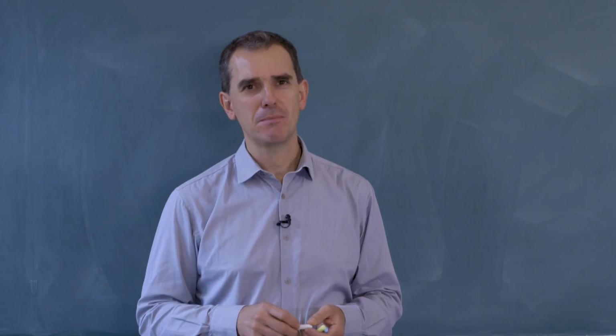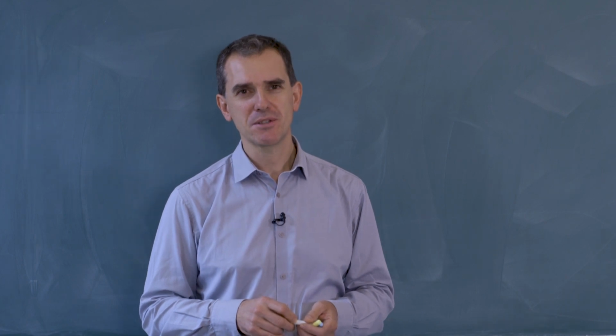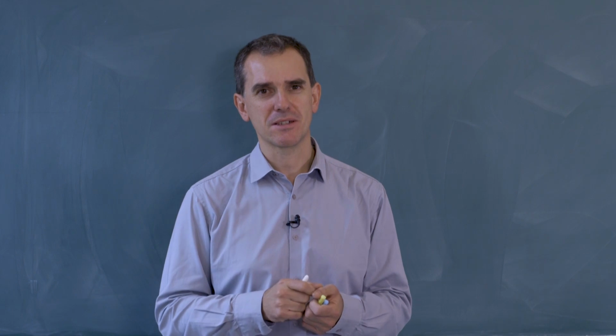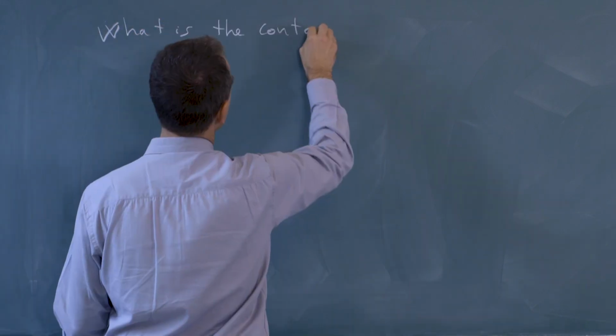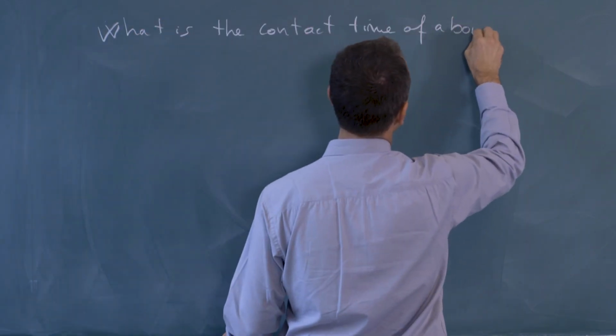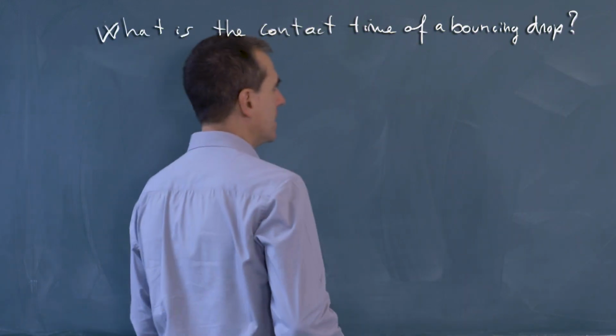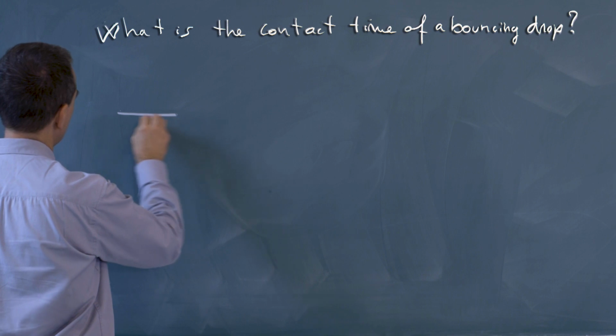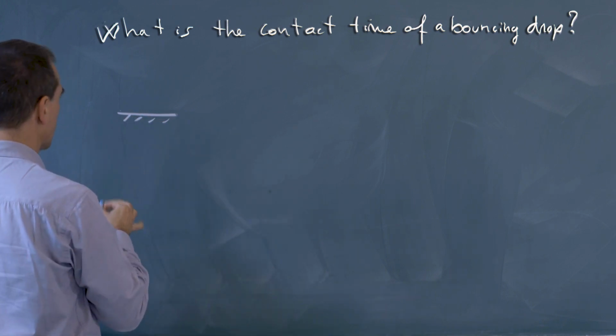When a water drop impacts a hydrophobic surface, it bounces. The point I would like to discuss is how long is the contact. To discuss this, I first sketch the experiment.